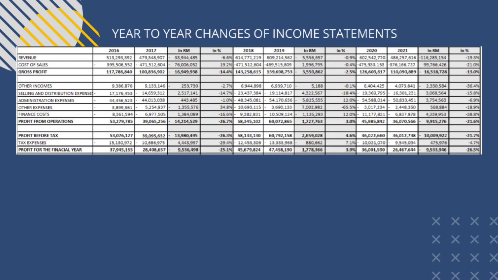Profits from operations also lead to negative figures in year 2016 and 2017, which is negative 26.7%. For the year 2018 to 2019, it shows a progressive movement to 3.0% of profit from operations, but in the year 2020 and 2021, it turns down as well to negative 21.6%.